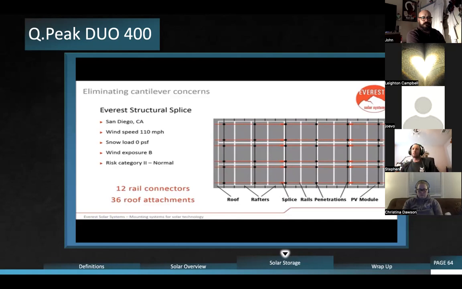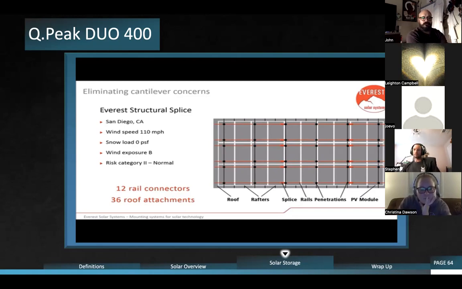Our structural splice creates a continuous rail beam through your rail run. So there is a bonding connection throughout your whole run. This is going to allow you to reduce the amount of attachments that you need for your roof. You see here on our splice, which is the thick red line, you're actually going to need 1 attachment per splice.